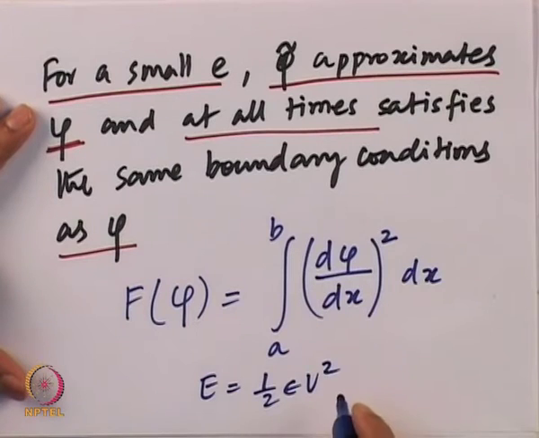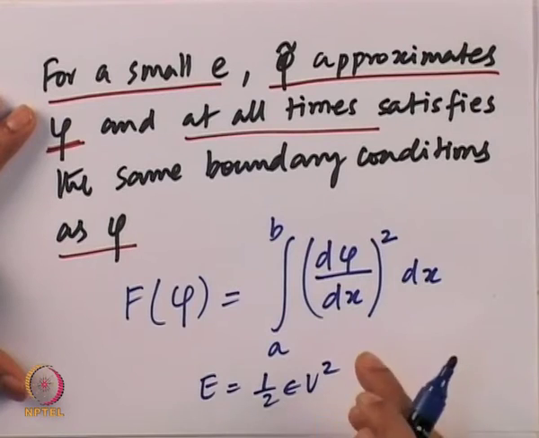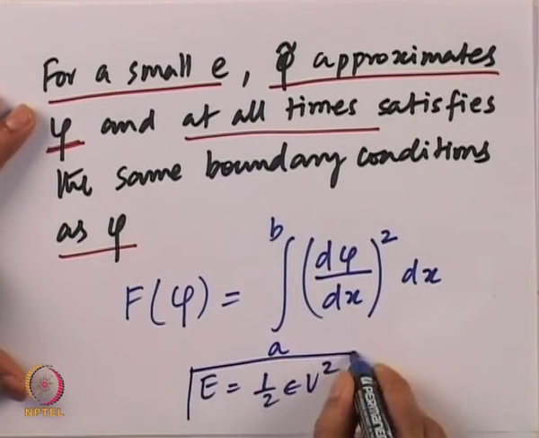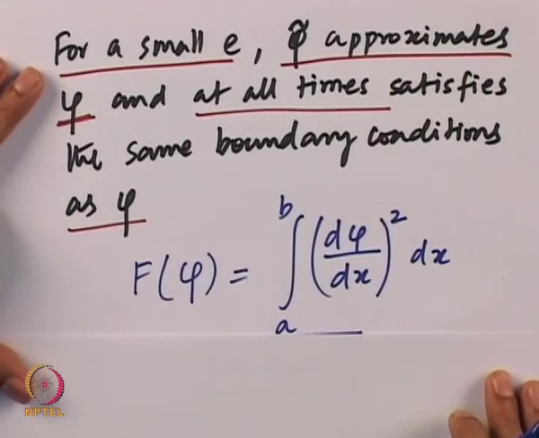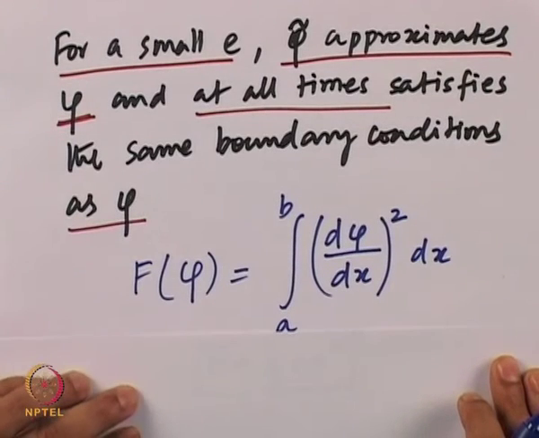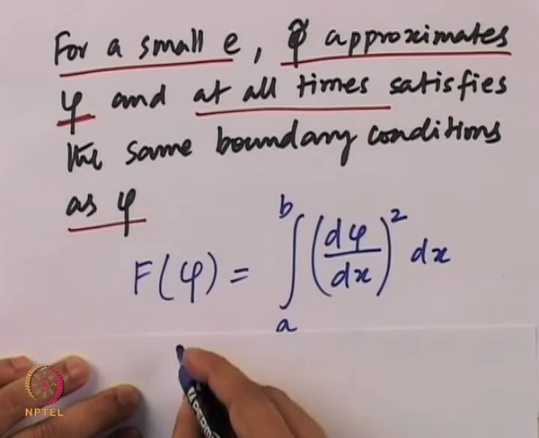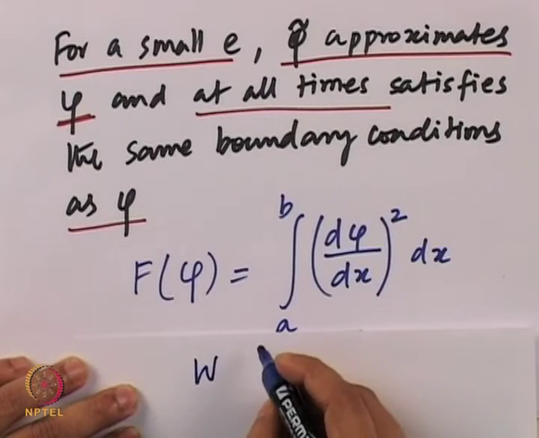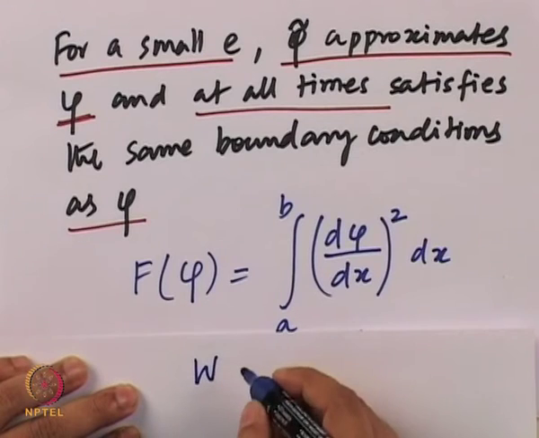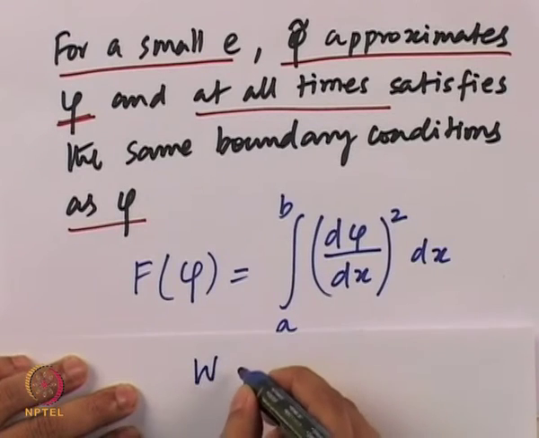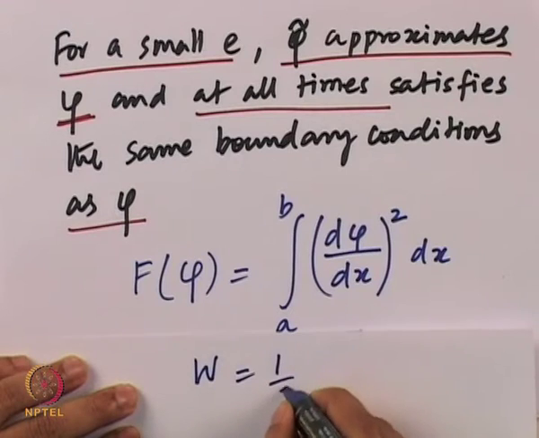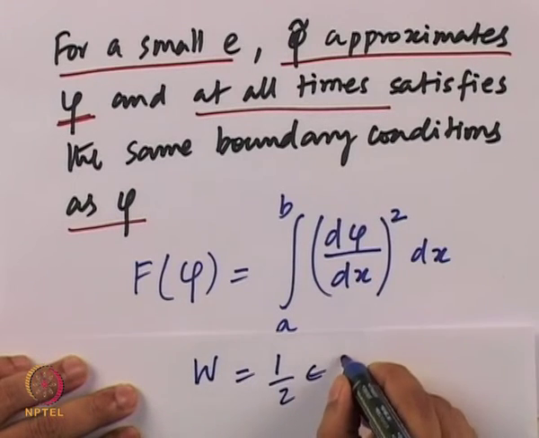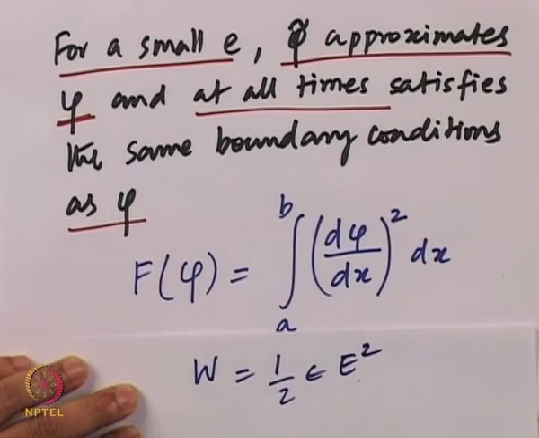So this will be the definition of energy, where V is the voltage difference. If you look into this particular equation, this has some similarity to the energy stored inside a capacitor as W is equal to half epsilon E square, where E is the electric field, epsilon is the permittivity and W is the energy stored.